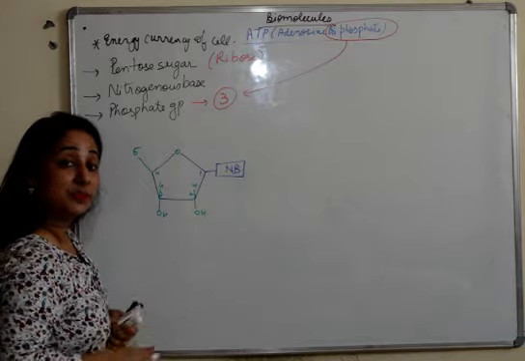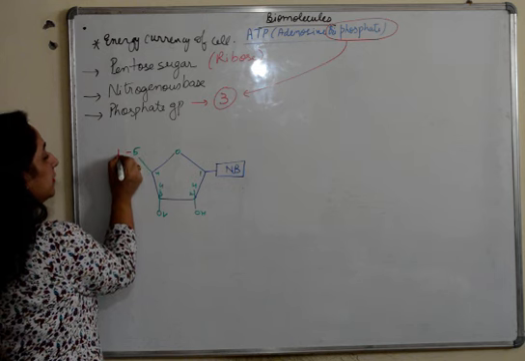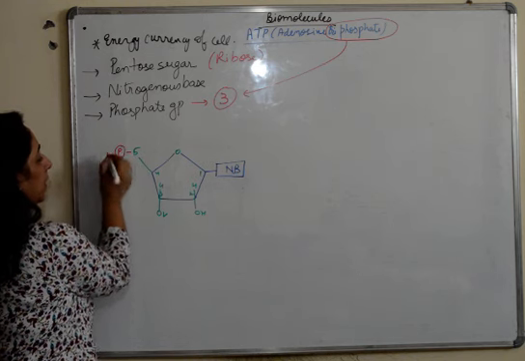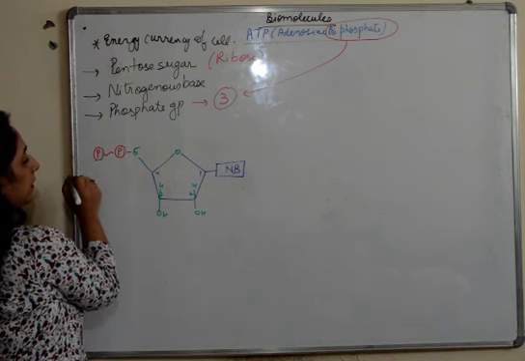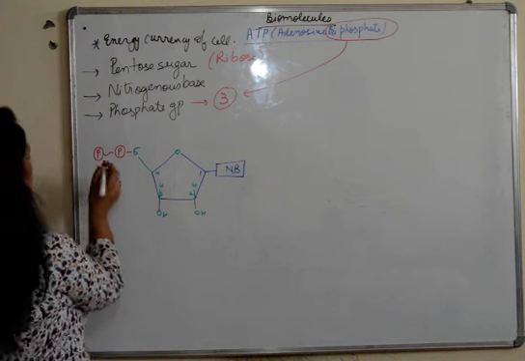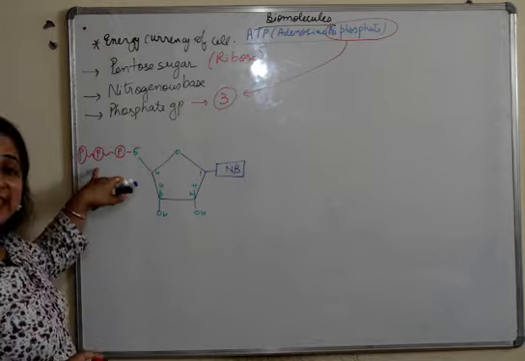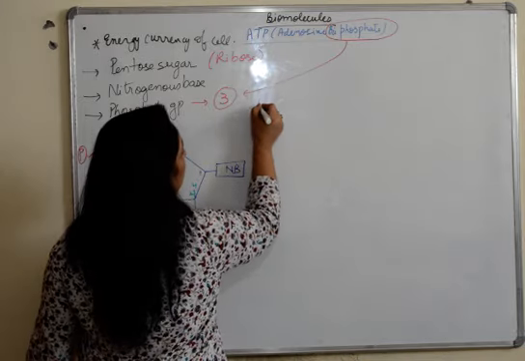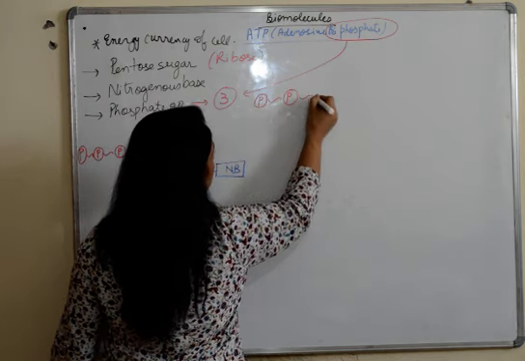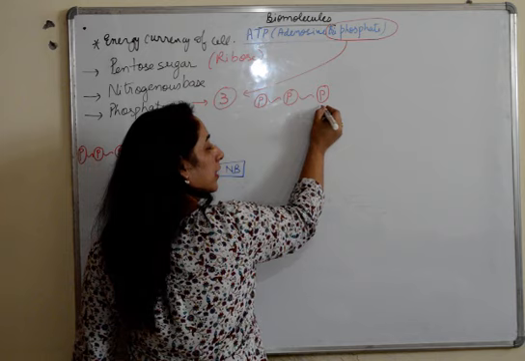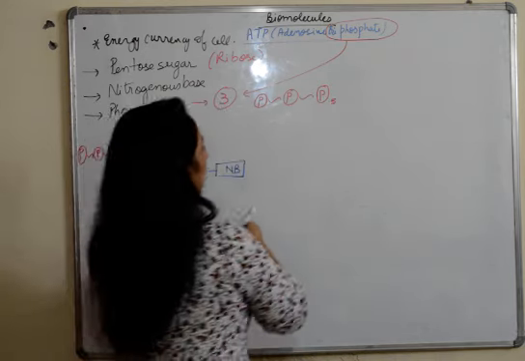And we have the phosphate groups. How many? 3. So first phosphate group, second and third. Actually I need some space here. Third. Now you can see a change here. I'll make it this side. We have this phosphate and this phosphate here at the 5th prime, or the 1st carbon.